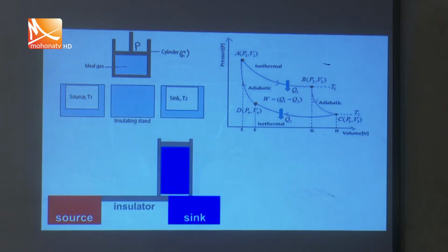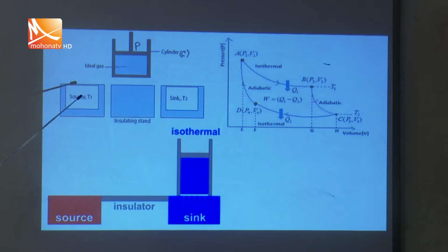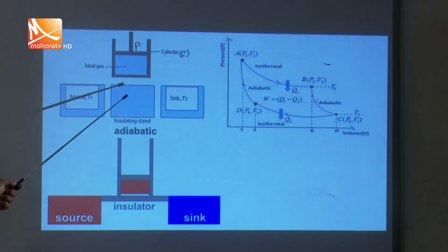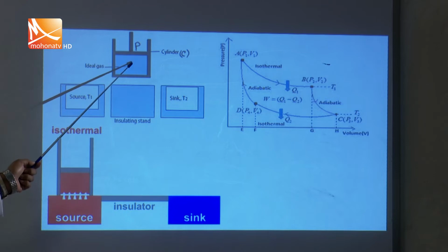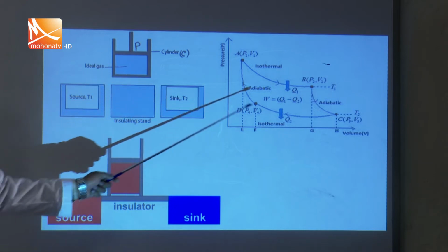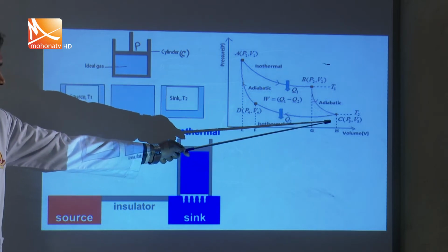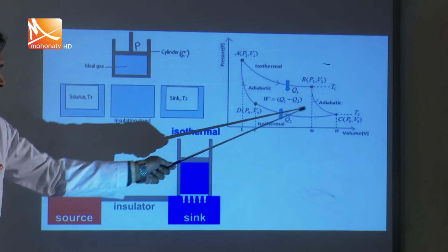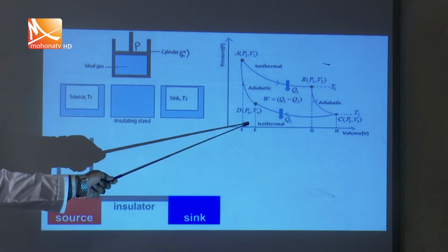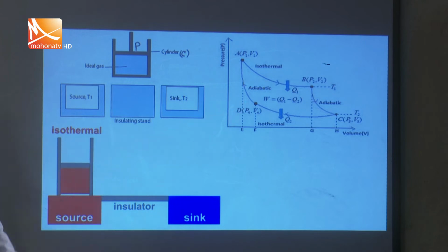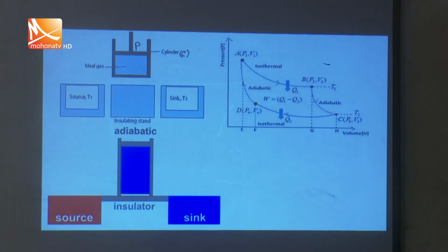Here, the sink temperature is comparatively lower than the heat source. So the volume of the gas will decrease and the pressure will increase. After completing this process, the pressure will be P4 and the volume will be V4.